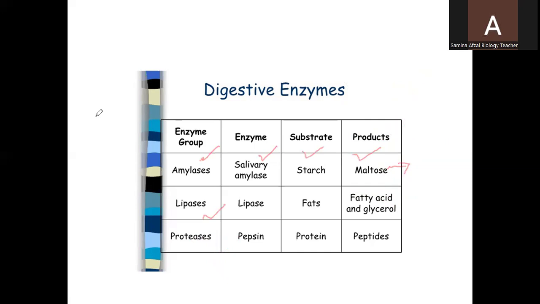For lipases, the enzyme is lipase and the substrate is fats. They are digested into fatty acids and glycerol. Proteases secrete pepsin, and proteins are broken down into polypeptides and then into amino acids. So these are the three different types of enzymes which help in the digestion of the nutrients.